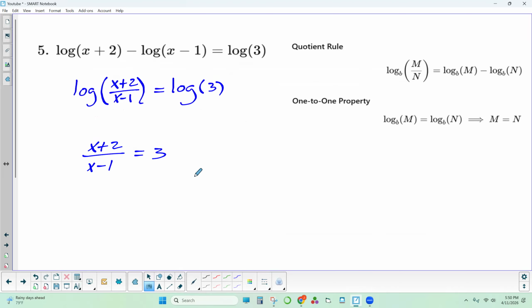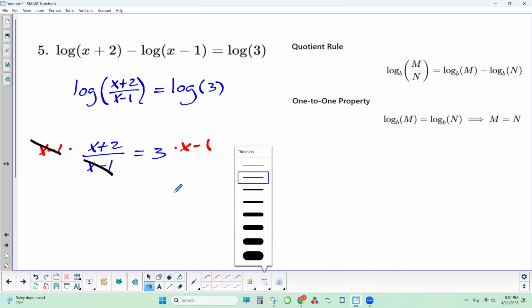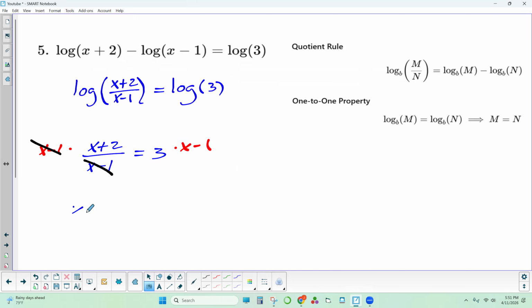Okay? We'll go ahead and solve this. All right, so we're just going to multiply x minus 1 on both sides of that equation. That cancels, and we've got x plus 2 equals 3x minus 3.